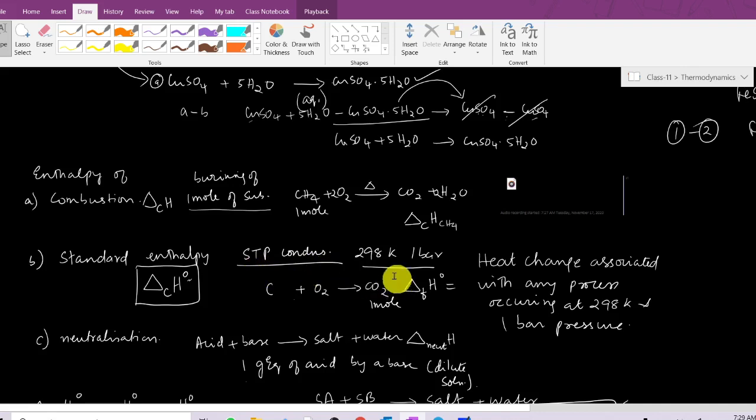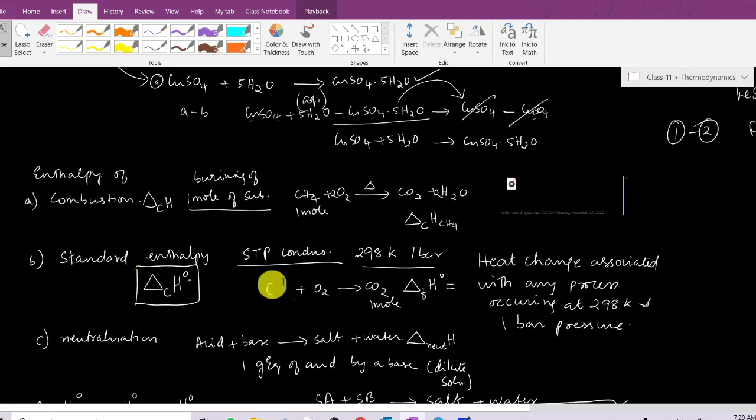That is 298 Kelvin, that is 25 degrees centigrade, and 1 bar or 1 atmospheric pressure, then it is called the standard condition. So the heat change associated with any process occurring at 298 Kelvin and 1 bar pressure is called the standard enthalpy. We put a small degree symbol on the top of H to represent the standard enthalpy change.